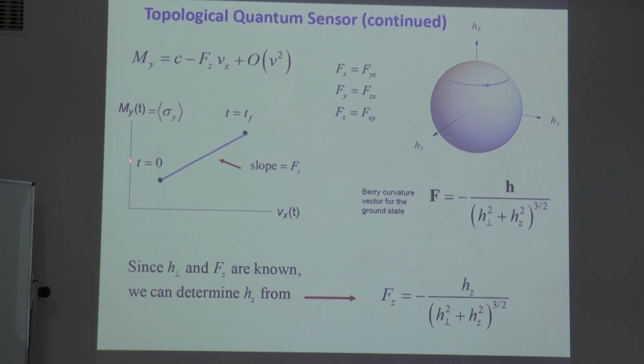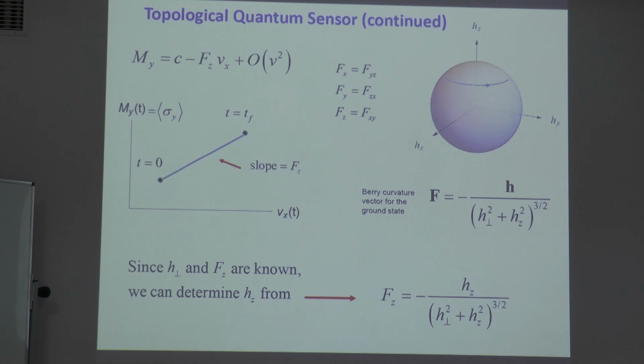The magnetization along Y is a linear function of the rate of change of the field along X. If I can measure the slope experimentally, the slope gives me the Z component of the Berry curvature. So I can take this equation, and if I know the Berry curvature, and this is hx squared plus hy squared, and I can control those, and I don't know hz, I can measure this, I can control this, and I can then determine what hz is.